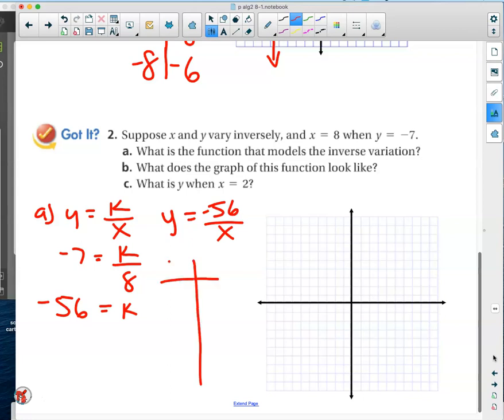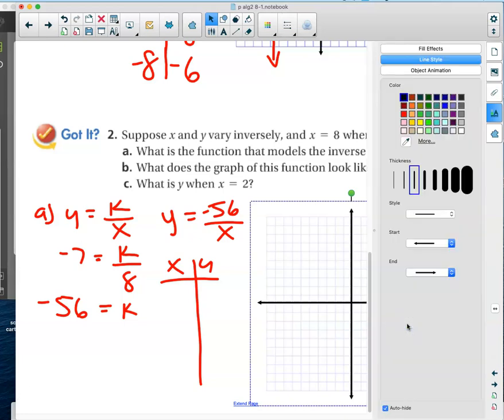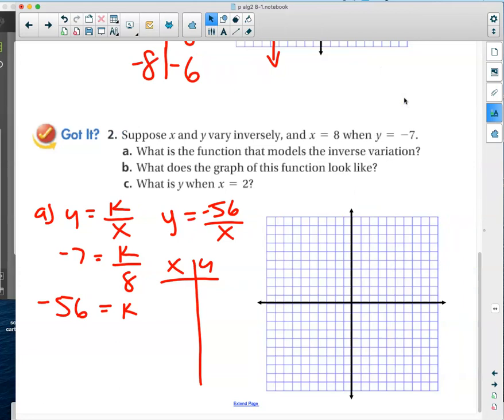Think of some good numbers while I'm trying to get these little blue lines to show up. Good numbers for negative 56. Yeah, why not, right? So here's what's a little bit different about this one.